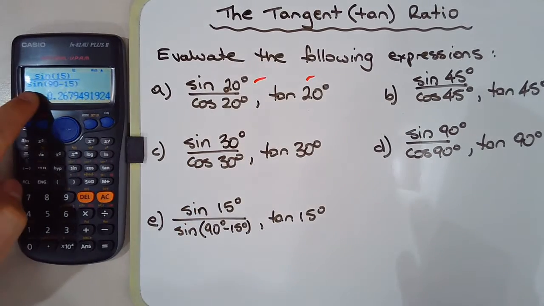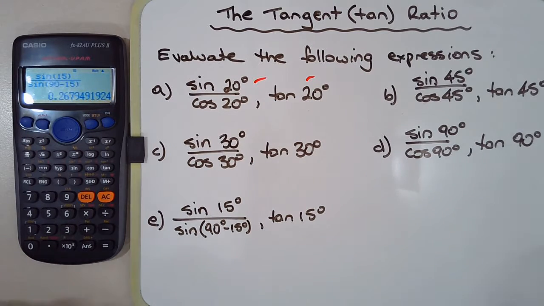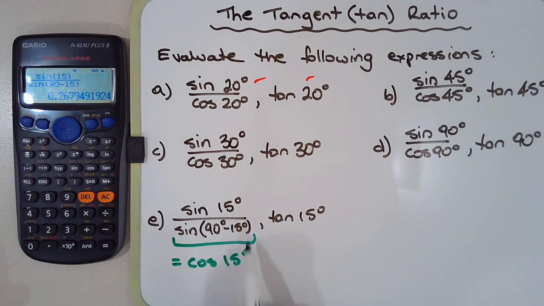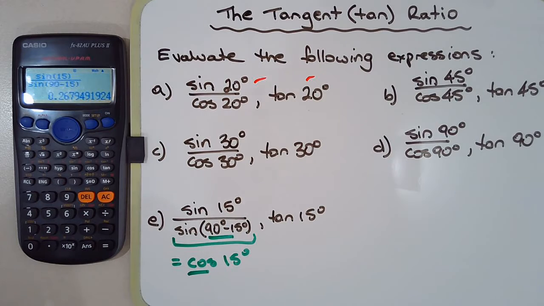Notice this time I didn't use cos or cosine, or did I? Recall that is just the same as cos of 15 degrees. Complementary ratios. Sine of 90 minus 15 degrees is really the same as cosine of 15 degrees. Complement of sine. That co is embedded here. Anyways, just thought I'd throw that one in.